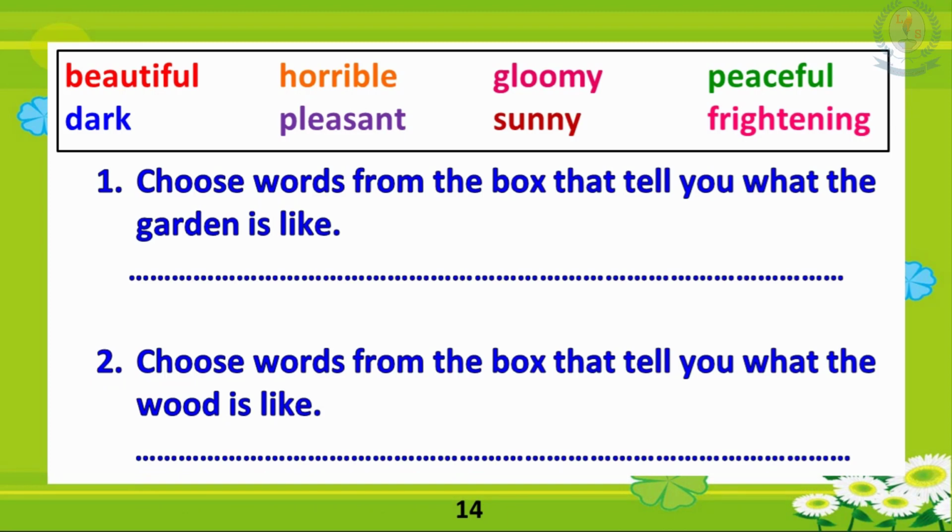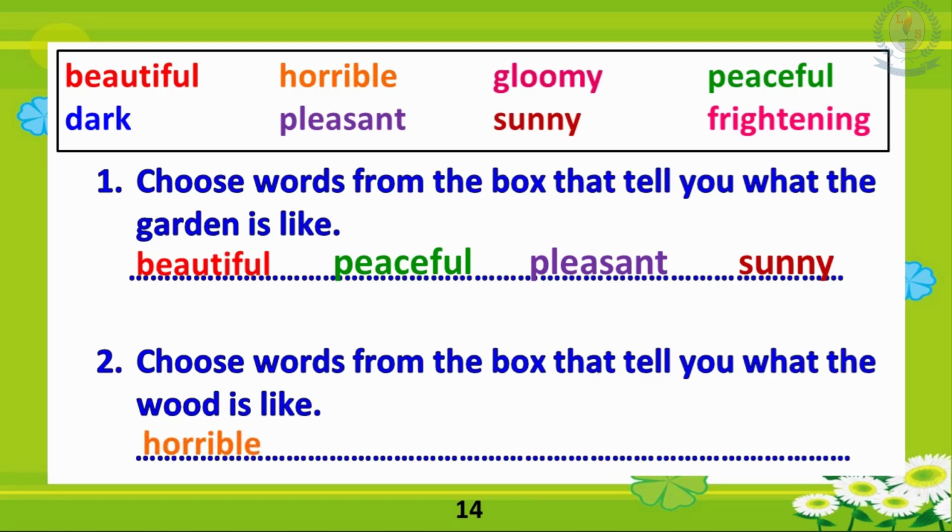Now, can you tell me what are the words that tell you what the garden is like? Yes, beautiful, peaceful, pleasant, and sunny. Then, what are the words that tell you what the wood is like? Yes, horrible, gloomy, dark, and frightening.